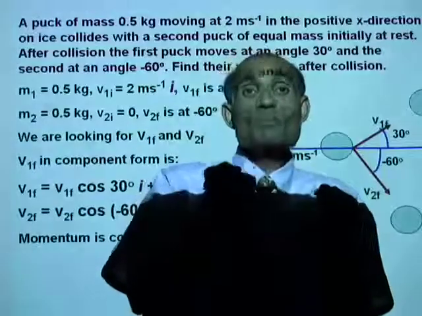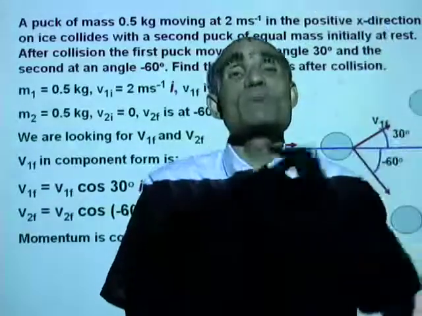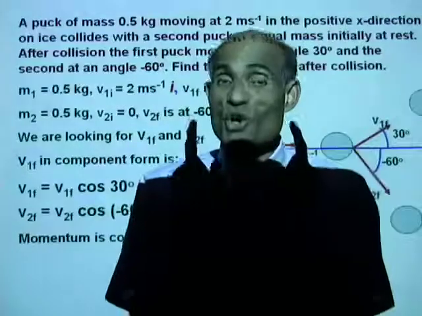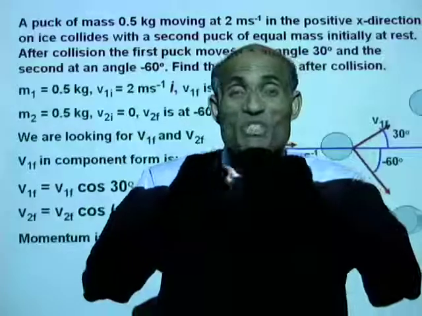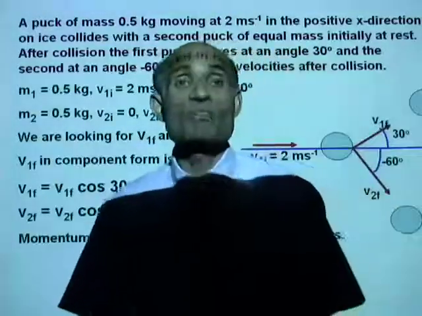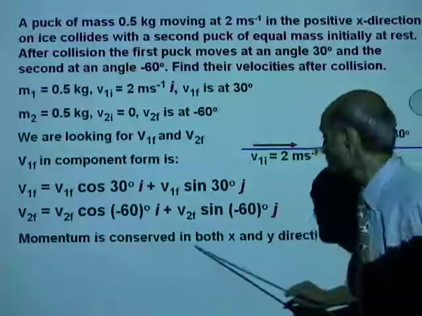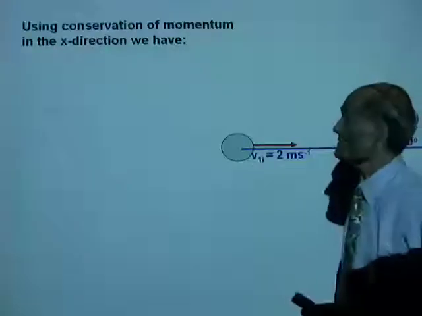Similarly, the initial momentum in the y direction must be equal to the final momentum in the y direction. So, conservation of momentum means momentum is conserved in the x direction as well as in the y direction.